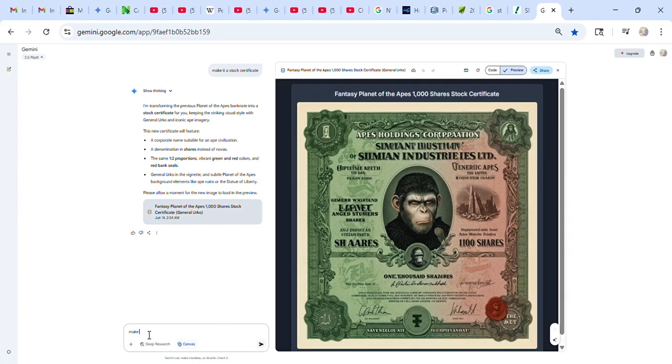Going to make a stock certificate for the Pan Oceanic Phosphate Mining Company.